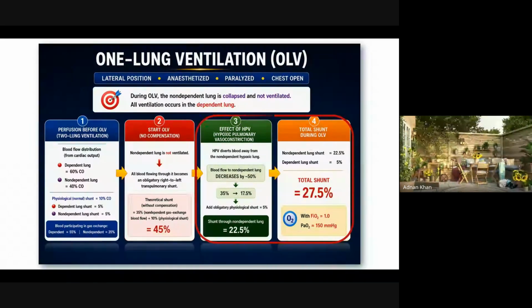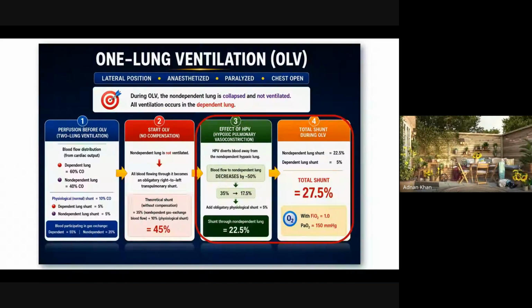Now we will discuss the compensated form. It means the effect of hypoxic pulmonary vasoconstriction, HPV, diverts most of the blood away from the non-dependent lung, which is the hypoxic lung, toward the dependent lung. HPV can decrease the blood flow to the non-dependent lung by 50%. As we know that the non-dependent lung receives 35%, HPV will decrease that 35% by 50%.